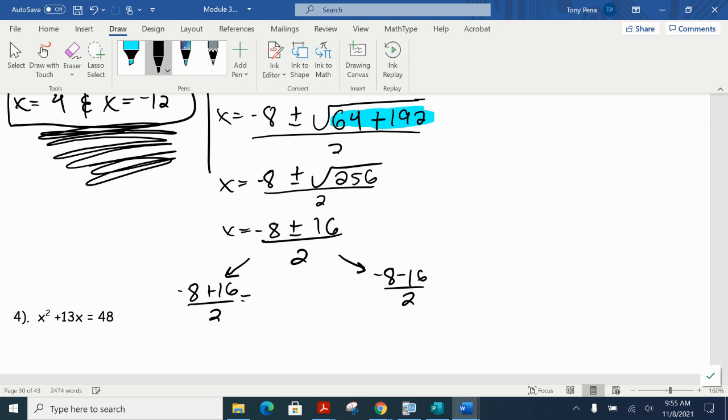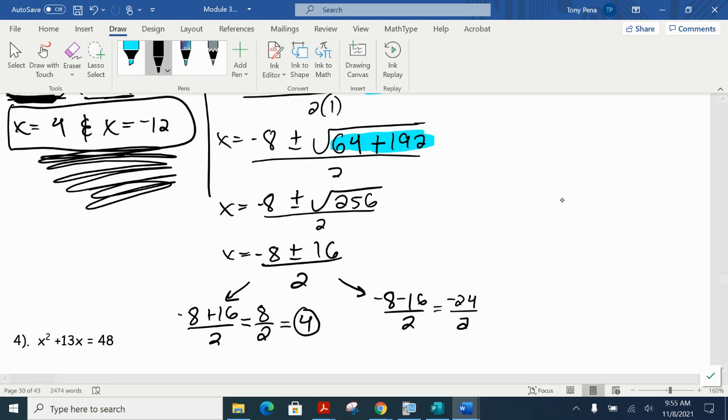So the first one, -8 and 16 give us 8. Divide that by 2. There's the 4 that we knew we were supposed to get. -8 minus 16 is -24. Divide that by 2, and that gives us the -12 that we were supposed to get.